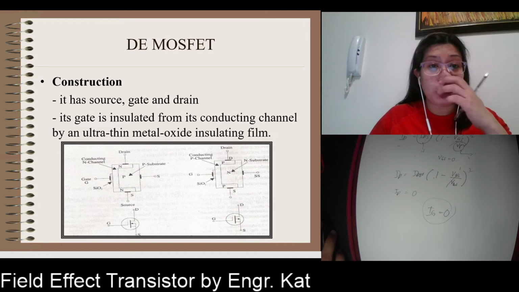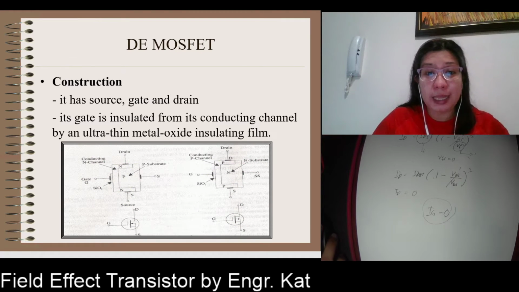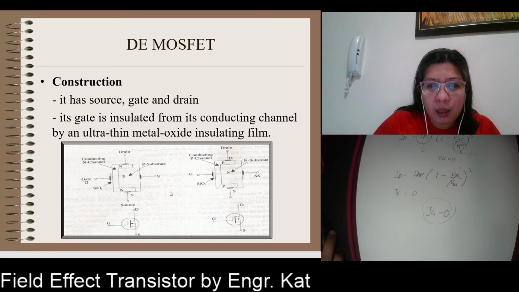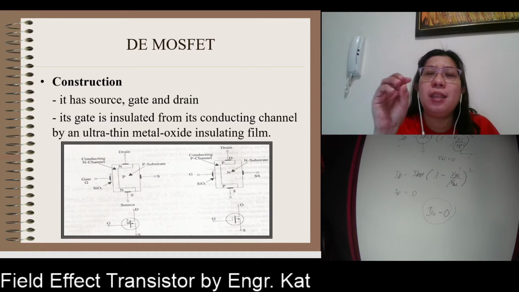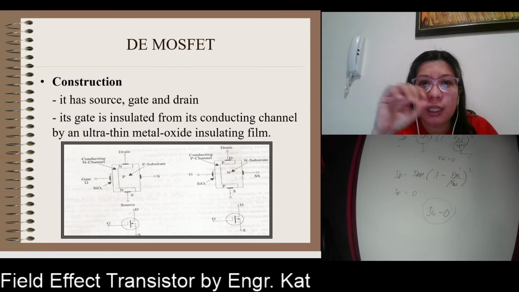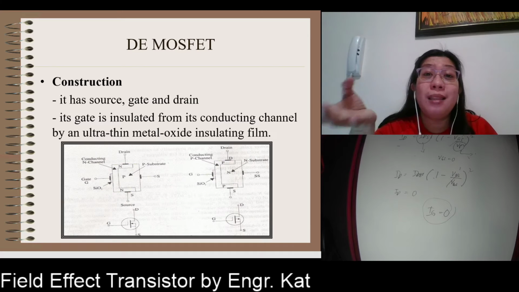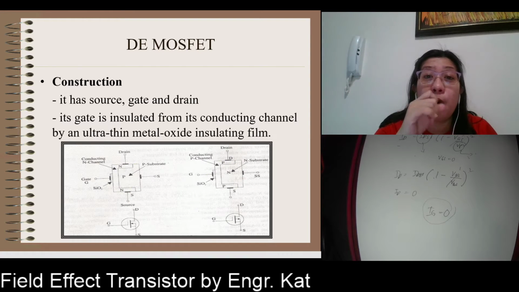For the construction, it also has a source, a gate, and a drain. But its gate is insulated. Look at the symbol: the gate is insulated, so you have an insulator in the middle. That insulator is an ultra thin metal oxide insulating film. What does an insulator do? An insulator hinders the flow of current.